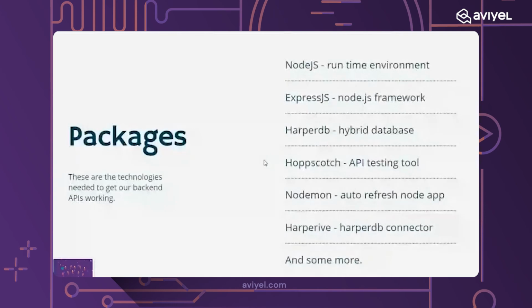So it always refreshes our Node app anytime we make changes to our files. The last package that I have is going to help us connect our Node.js application to the HarperDB database. We're also going to be installing more, but I just felt I should explain this, so by the time I'm installing it, you will know what is going on.